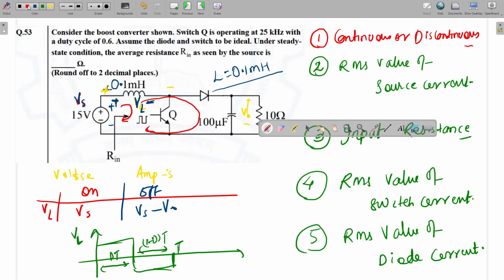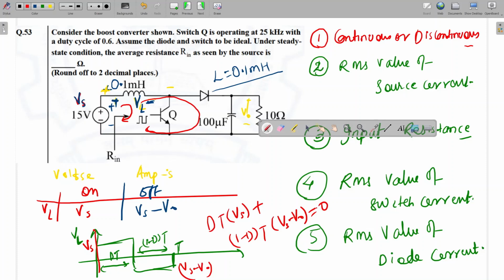When we apply the volt-second balance, the area under this curve should be 0. So, d T into Vs plus (1 minus d) into T into (Vs minus V naught) is equal to 0.